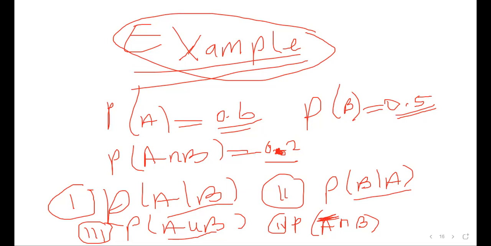What answer are we getting? For the first one, I'm getting 0.4. Then the second one, 0.33. What answers are we getting?